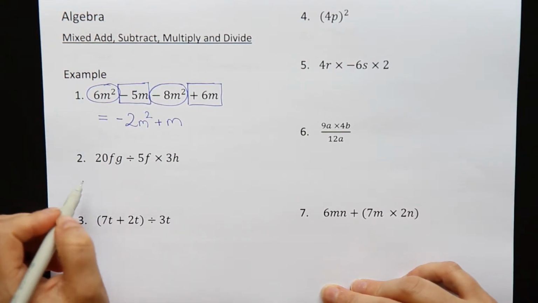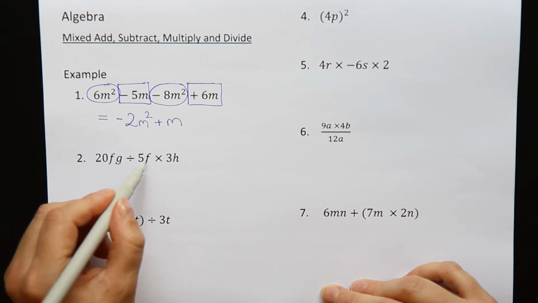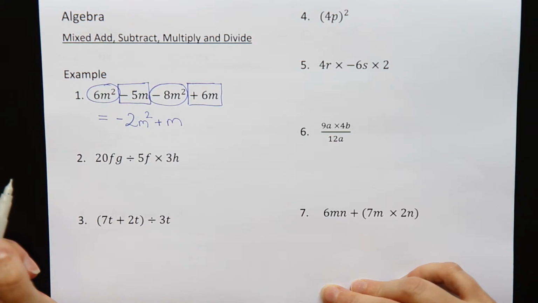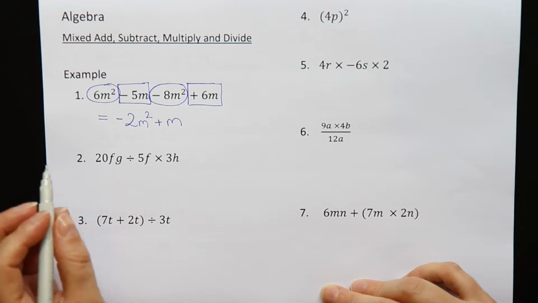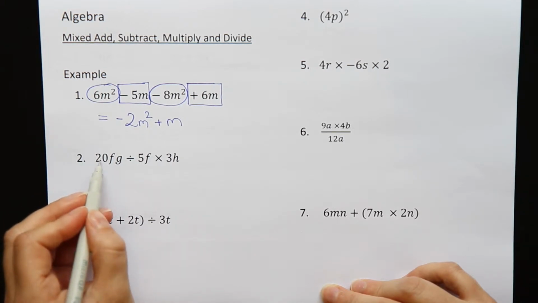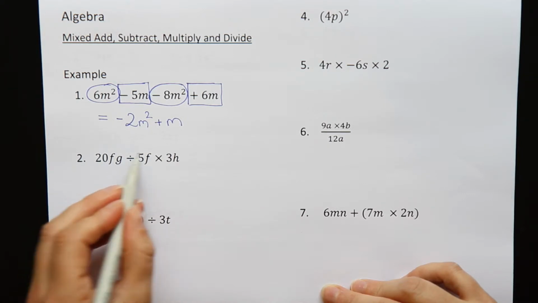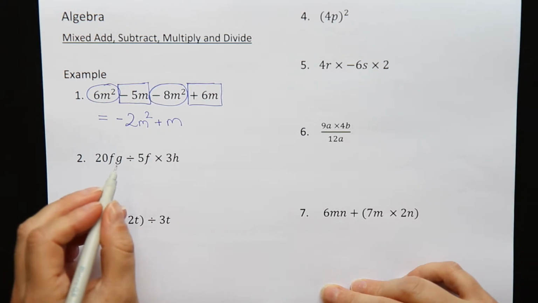Let's try our next one, number 2. 20fg divided by 5f times by 3h. Well, we're multiplying and dividing here. Okay, so we have a divide sign first. So 20 divided by 5 is 4. And 4 times by 3 makes 12.